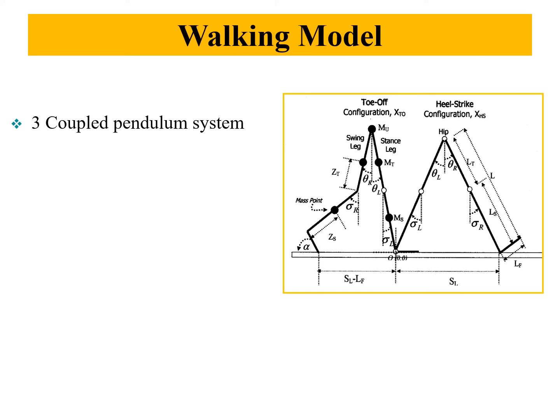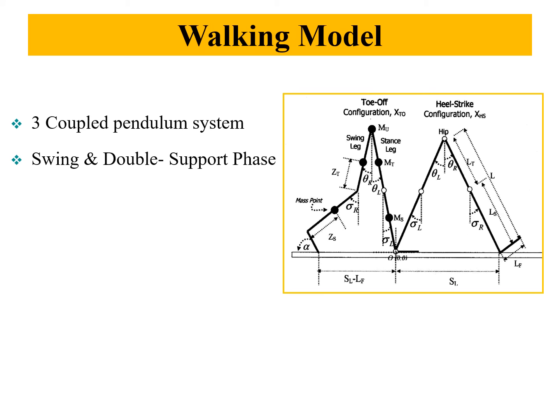This is the working model that we were talking about. We have 3 segments and 4 mass points. In this model, we were looking at some parameters like SL, which is step length, and alpha, which is the toe-off angle.